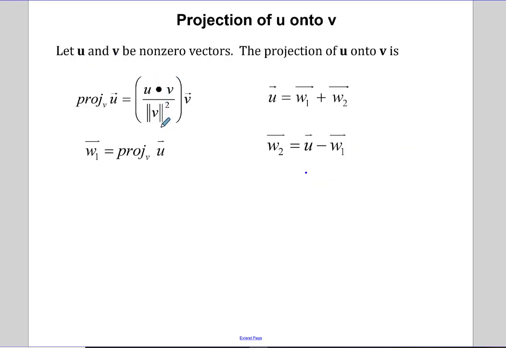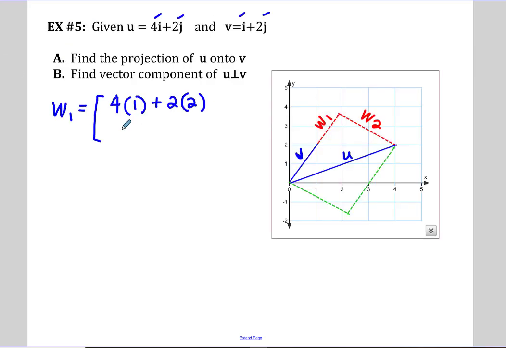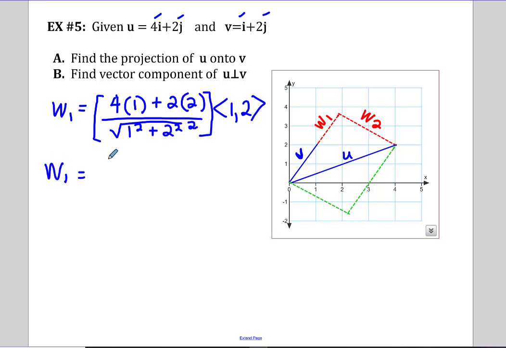Then we want the magnitude squared of the denominator, and we're multiplying by the vector 1, 2. And then the magnitude on the bottom is going to be 1 squared plus 2 squared, and we're going to square that when we're done. So w sub 1 is 4 plus 4, so we've got 8 in the numerator, and this is the square root of 5 squared, which gives us 5, and we're multiplying times 1, 2.